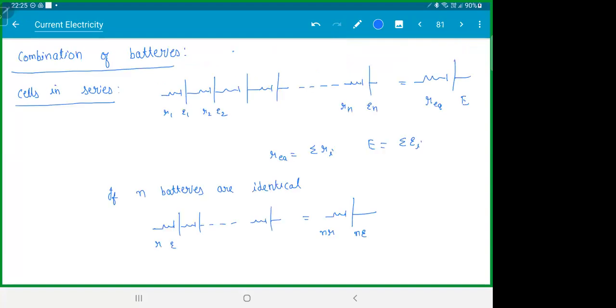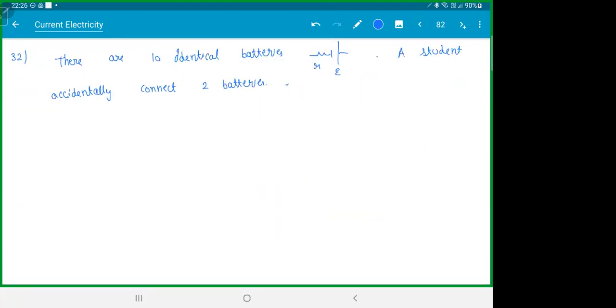What is reverse polarity? Look here, all positives are in the same direction. So this guy accidentally connected two batteries in reverse. Find R equivalent and EMF equivalent. Find the equivalent battery.